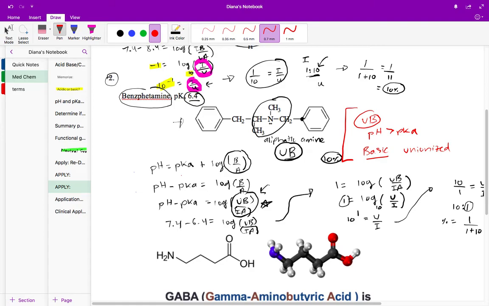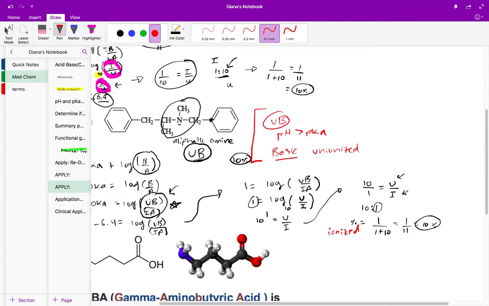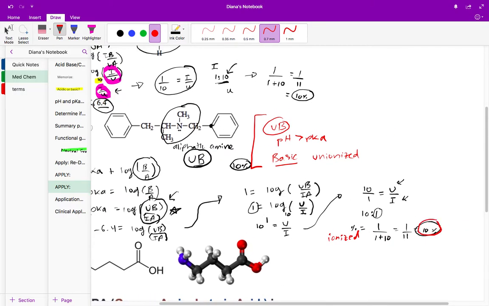And when I solved my percentage, I was getting the percent ionized, and the percent ionized was only 10%. So that confirms that the other 90% is the unionized portion. It is the portion that I predicted would be the majority. Like I already predicted that I would get predominantly unionized. Mathematically, I only got 10% ionized, and so that confirms how you would solve this problem conceptually.